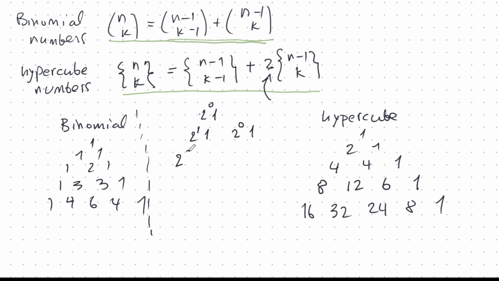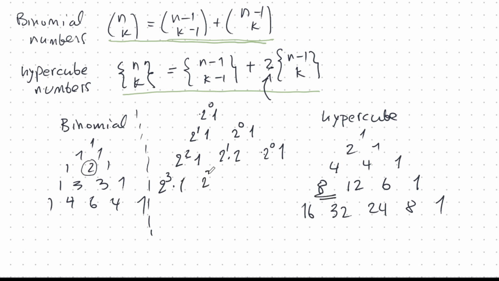Here 2 power 2 times 1, and there's a 2 here, so it's 2 power 1 times 2, and then 2 power 0 times 1. So I'm multiplying the binomial numbers by powers of 2. Okay, let's keep going. 2 power 3 times 1 gives me this 8 here.